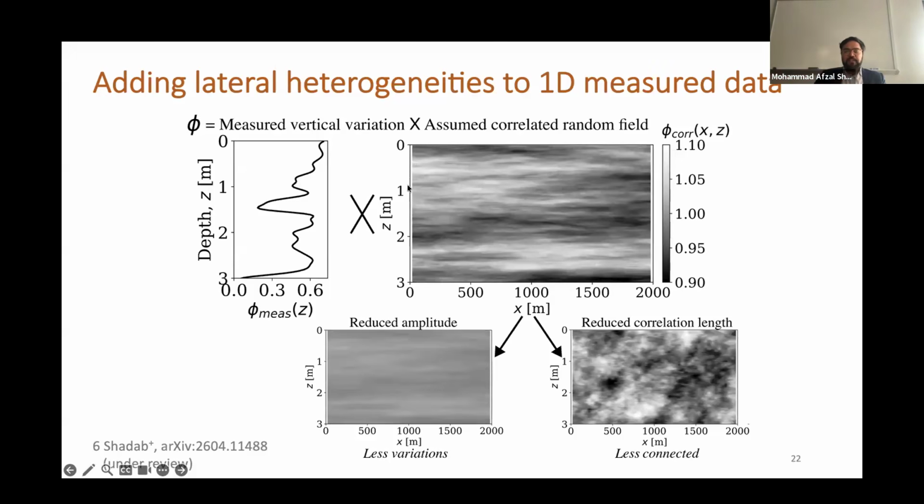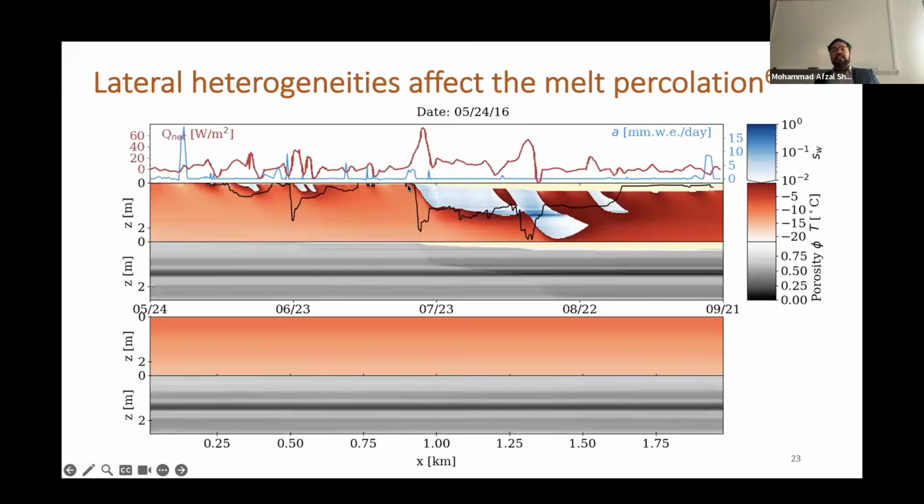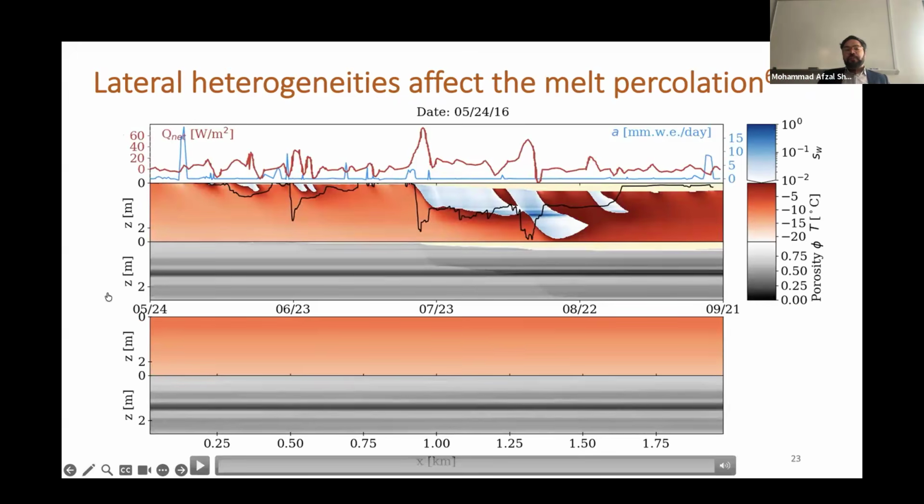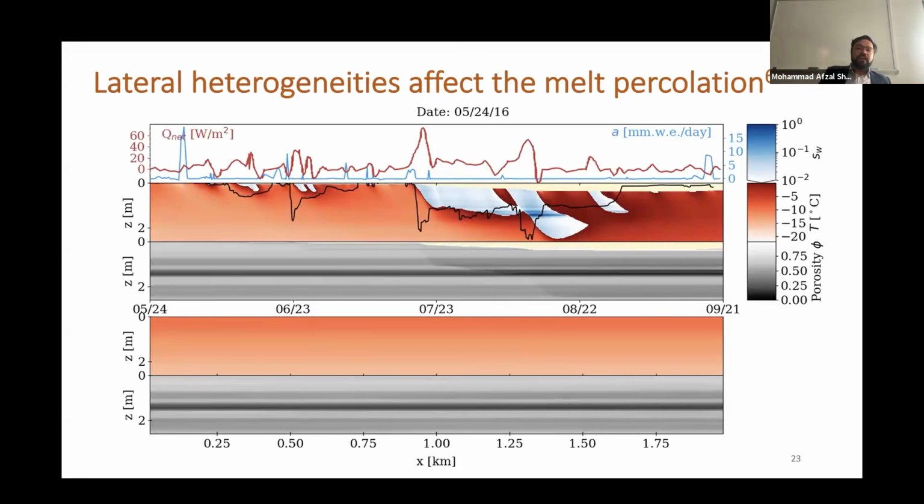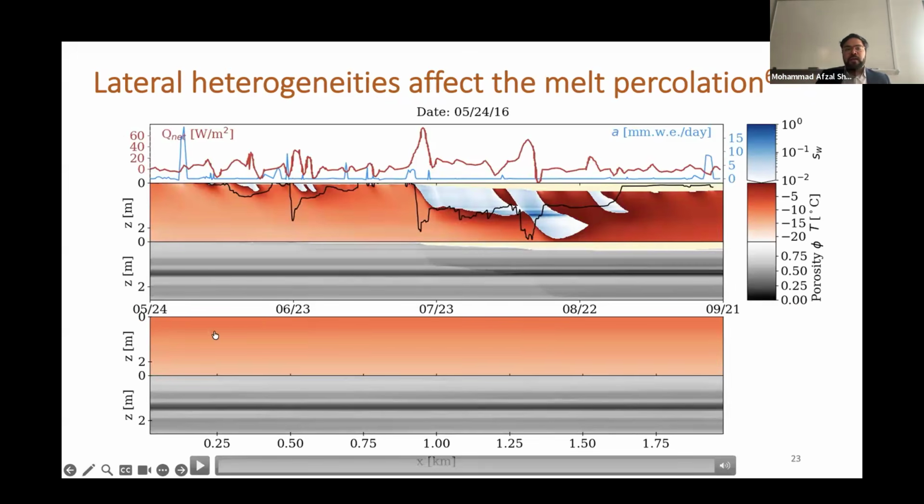If we multiply these two and keep everything else the same as the one-dimensional problem, here is the money figure of this talk, where I combine this one-dimensional plot. The top 3 panels are the exact same as I showed on the previous slide. It's a one-dimensional depth versus time plot, but the bottom 2 panels show a 2-dimensional solution at the same time.